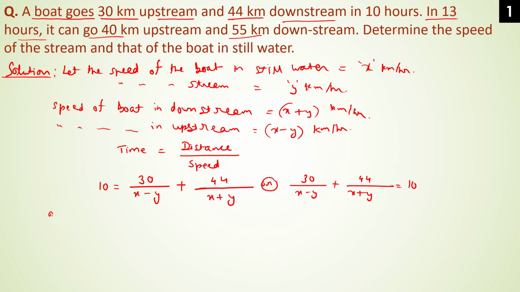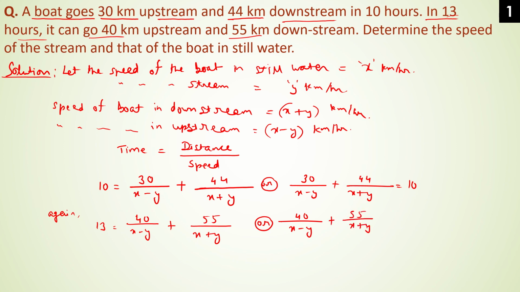And again, from the question, in 13 hours, time is 13 and it goes 40 kilometers upstream and 55 kilometers downstream, and the equation can be written as 40 upon x minus y plus 55 upon x plus y equals to 13.